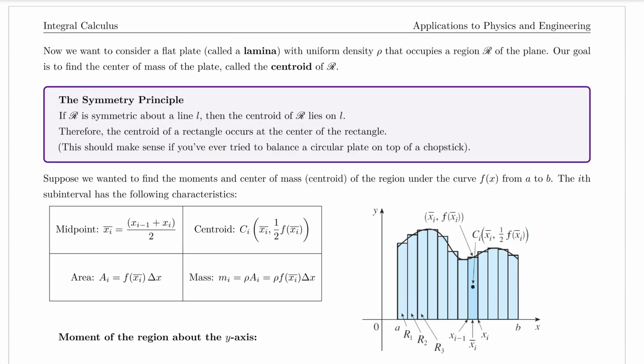Now we want to consider a flat plate called a lamina with uniform density ρ that occupies a region R of the plane.